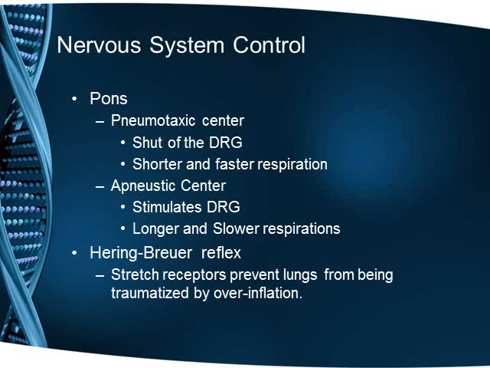The pneumotaxic center will cause us to have shorter and faster respirations. The apneustic center is also found in the pons, and it stimulates the dorsal respiratory group, which is going to cause us to have longer and slower respirations. So we're going to have shorter and faster versus longer and slower.